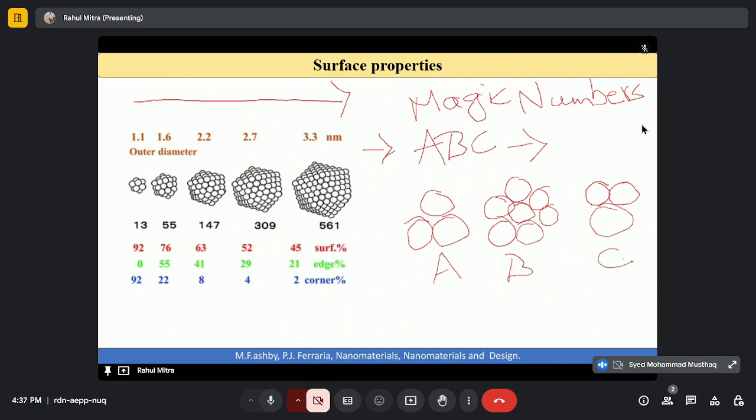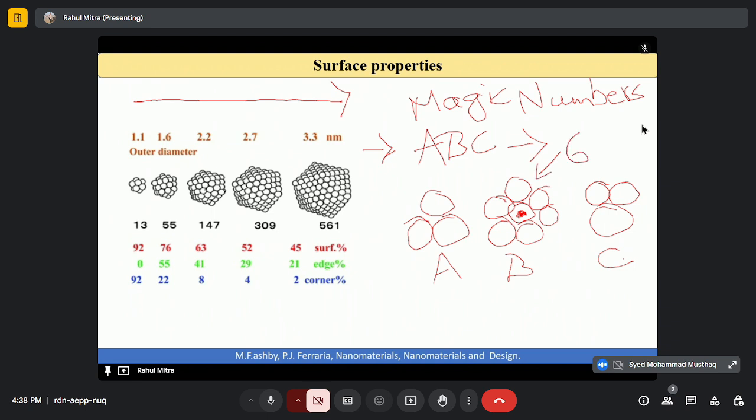If the A sequence is repeated after B, it will be AB, that is a hexagonal close packed structure. But if we have an ABC type, then it will become FCC. So if we take the middle atom like this one, to totally cover this middle atom, how many atoms are required? If we consider only the B layer, we have 1, 2, 3, 4, 5, 6, so 6 atoms.